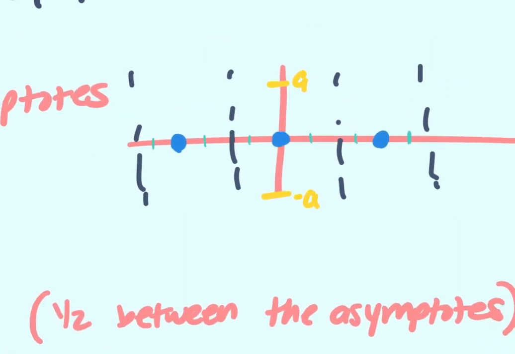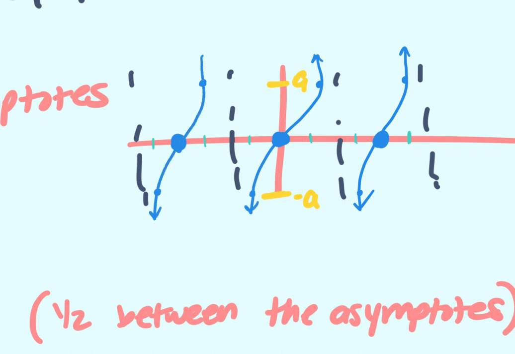If it's positive tangent, then at the quarter point, we go to -a. And at the 3/4 point, we go to +a. And then we just connect those 3 points. If it was negative tangent, we would flip that. It would go up and then down.